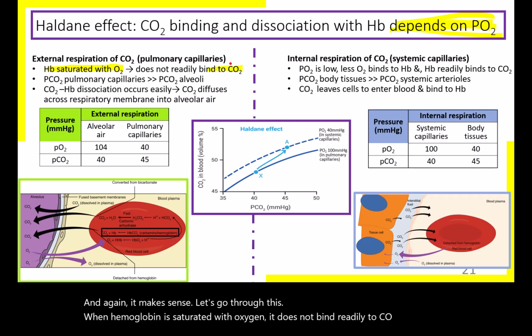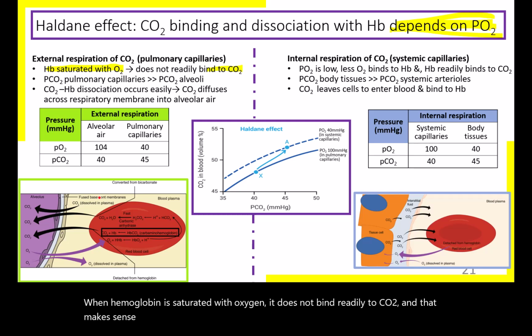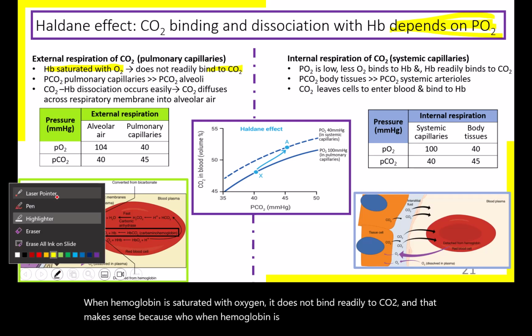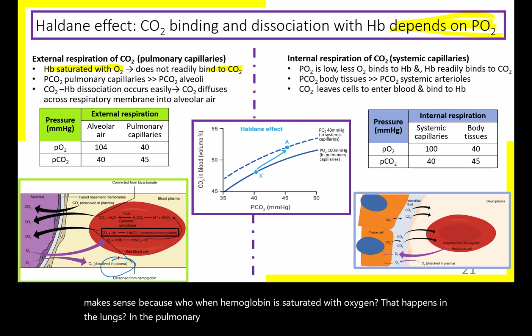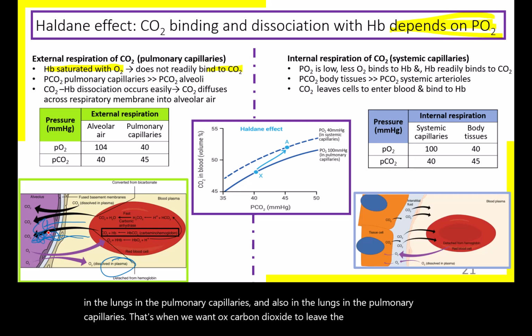And that makes sense because when hemoglobin is saturated with oxygen, that happens in the lungs, in the pulmonary capillaries. Also in the pulmonary capillaries, that's when we want carbon dioxide to leave the blood, to be expired, to enter into the alveoli.